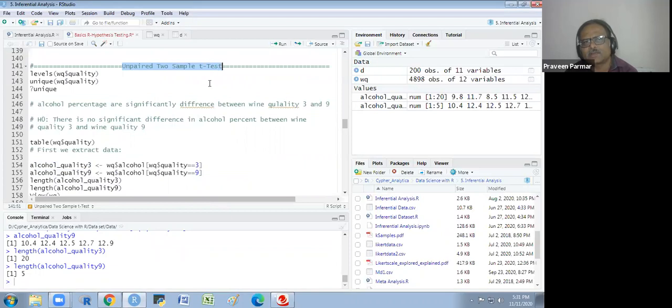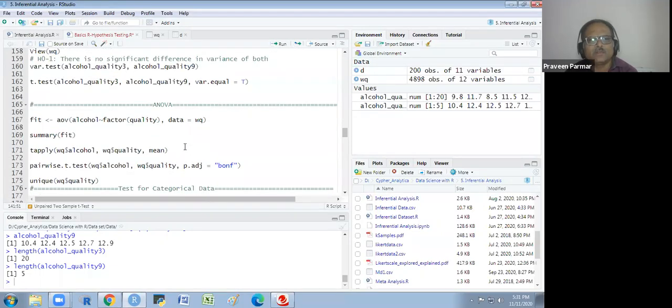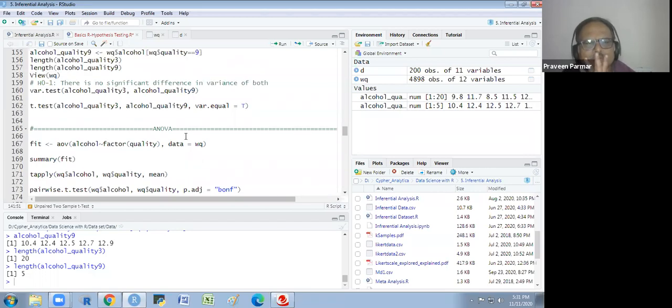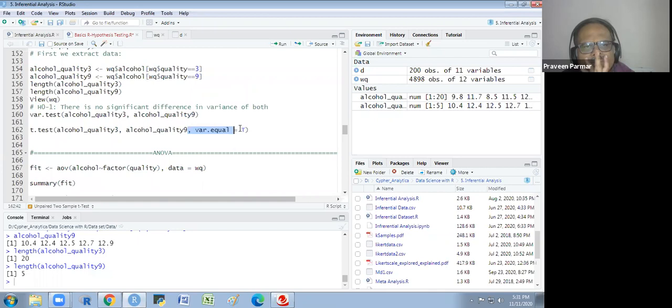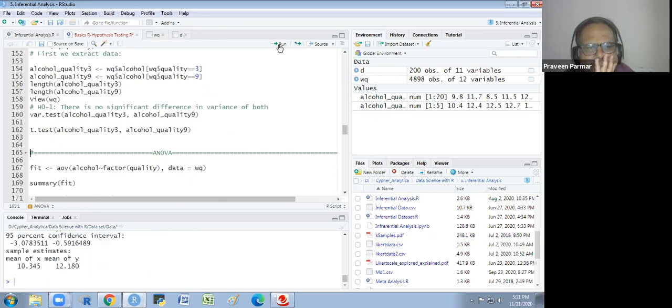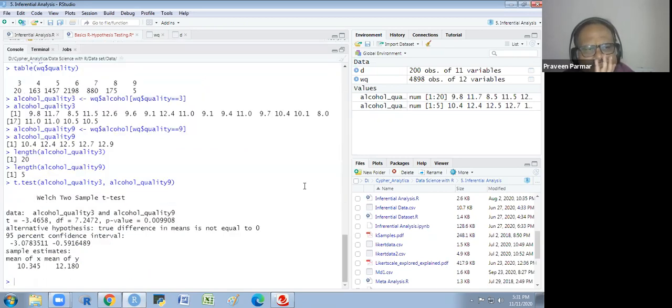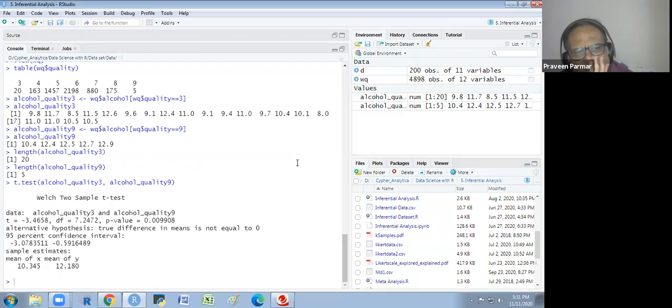If you are conducting the unpaired t-test like this, and you don't write var.equal equals TRUE, then see what happens. I just run it. You see what is wrong here in this output?